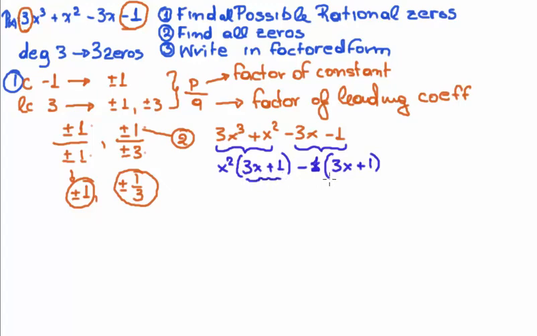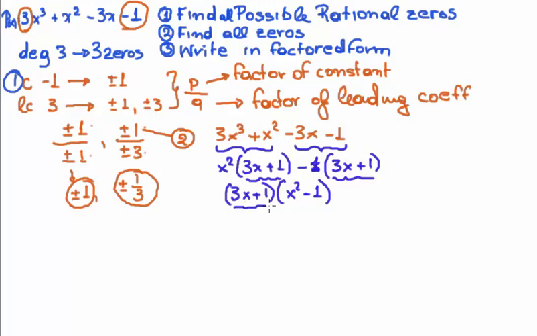Now I can factor from both terms, x squared times 3x plus 1 is the one term, and -1 times 3x plus 1 is the other term, the 3x plus 1 that is a common factor. I factor this out, and inside I have x squared minus 1. Okay. Now, there are many ways to continue.